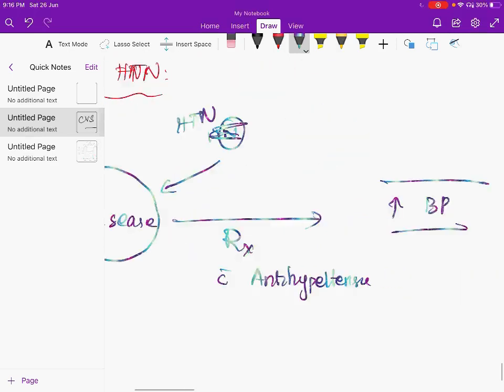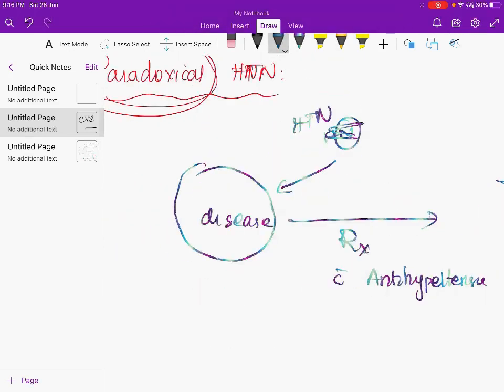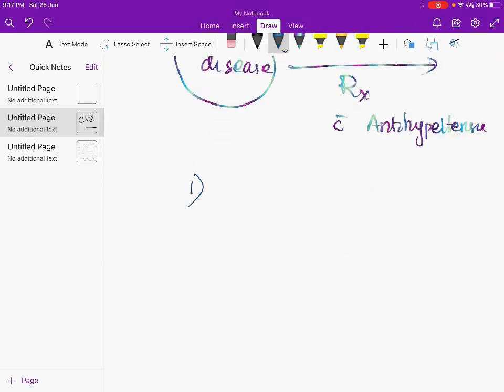So why does this happen? Consider a patient with renal artery stenosis. If you give ACE inhibitor or ARBs for this patient, what happens?